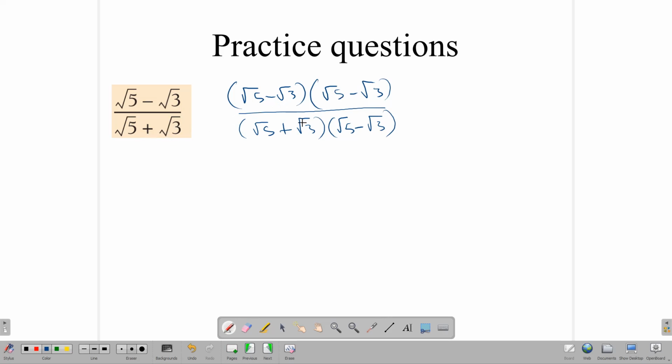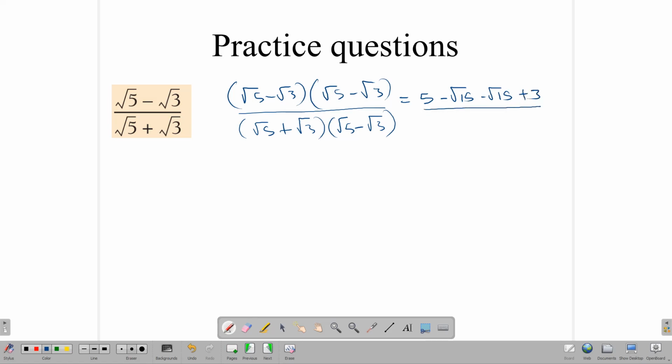And here we end up with, in the numerator, root 5 times root 5 gives us 5. Then root 5 times root 3 gives us minus root 15. And then another minus root 15. And minus root 3 times minus root 3 gives us a plus 3.